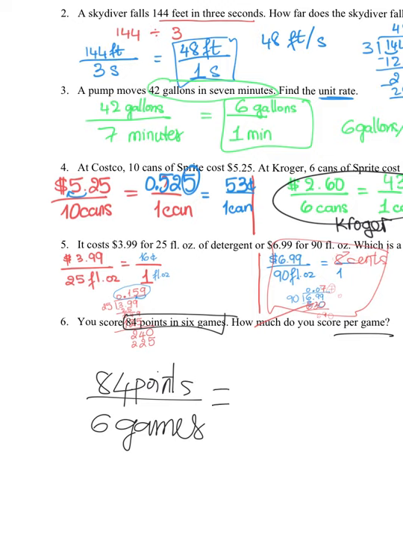So per game means how much for 1 game? So I am going to divide 84 by 6, and you will have 14 points for 1 game. So you're going to finish your independent practice and check your answer with the key.